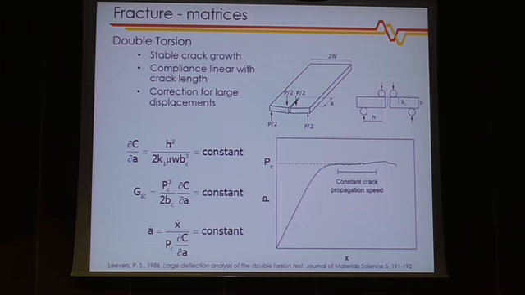So we have that both the fracture toughness and the crack propagation speed are constant, making their correlation very easy. Actually, the results obtained were corrected for the larger displacement.